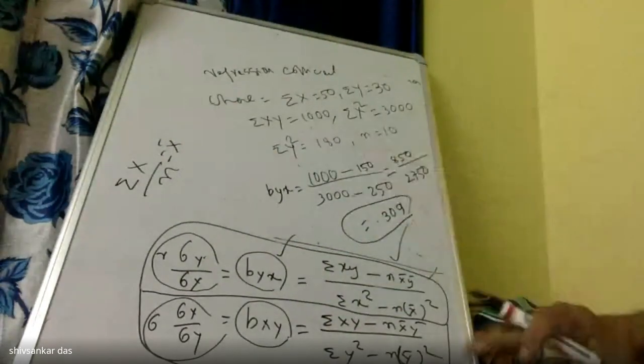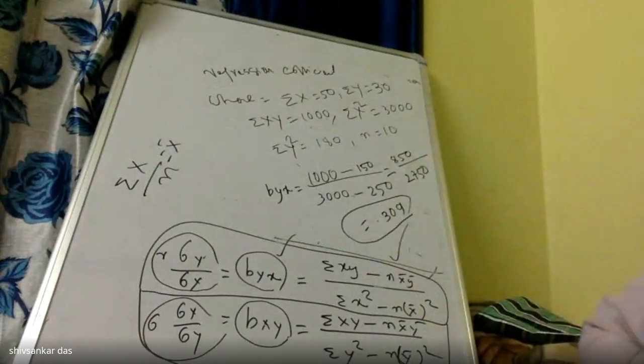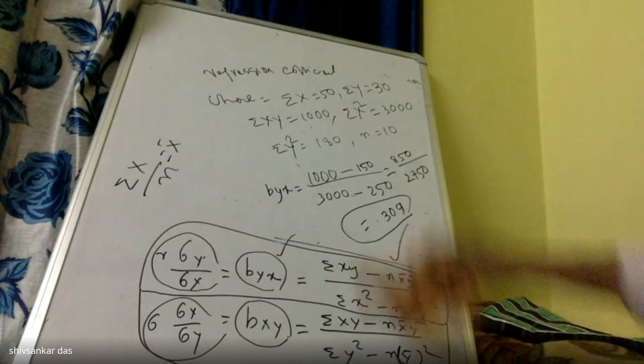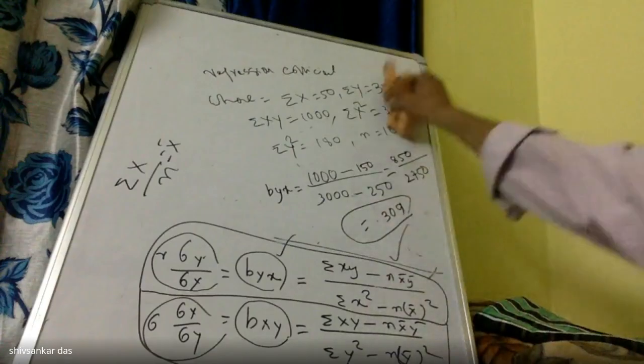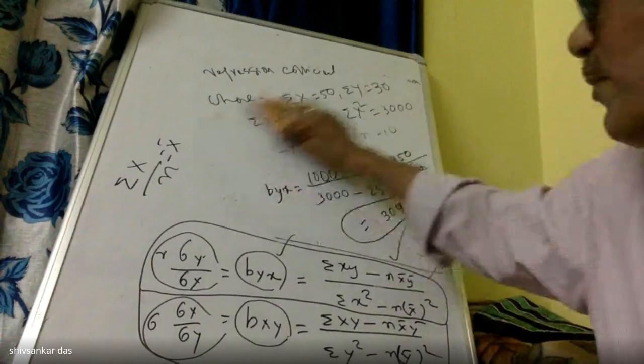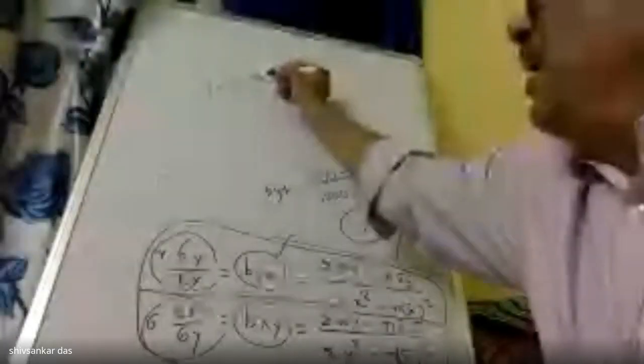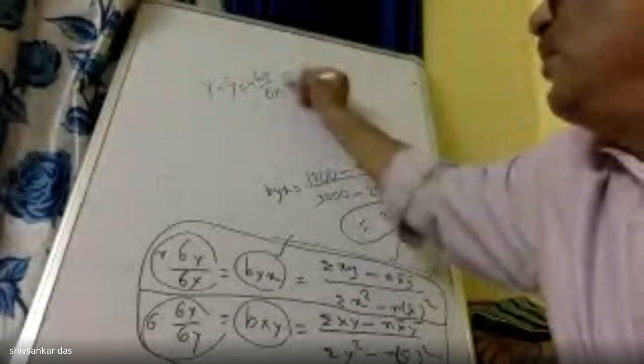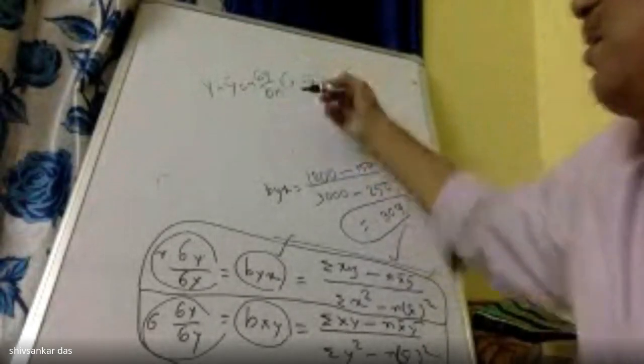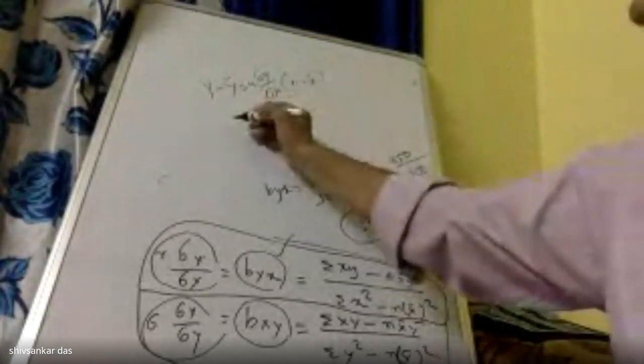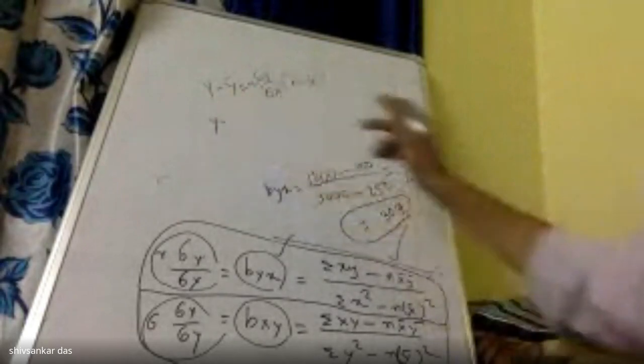How can we put this in an equation? How can we derive an equation? y minus y bar is equal to r sigma y by sigma x into x minus x bar. y we do not know. y bar, what is y bar?